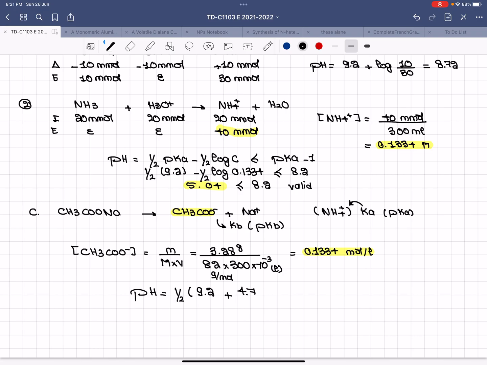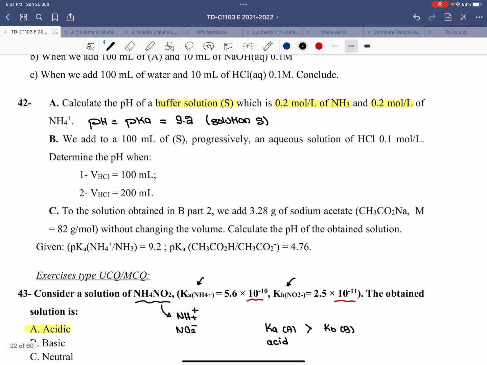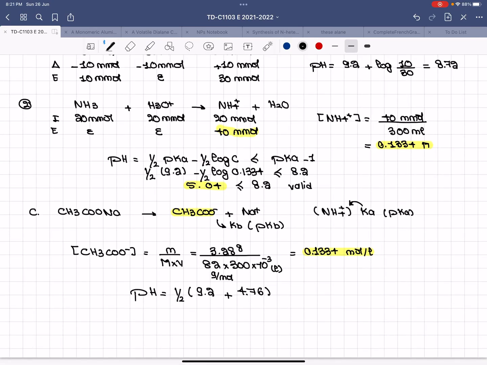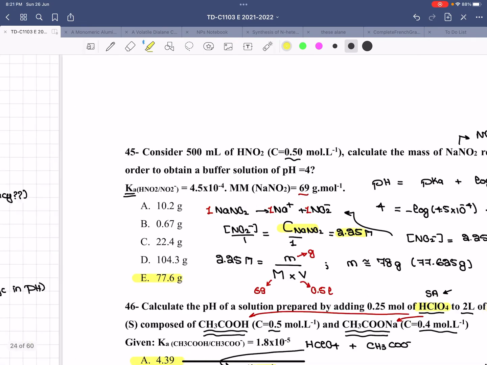Is it given as 4.76 or 4.7576? I don't understand why. Okay, 4.76. And it's equal to basically 6.98. Between the brackets, we put that they are approximately equal, which is why I can do this. And that is basically number 42.